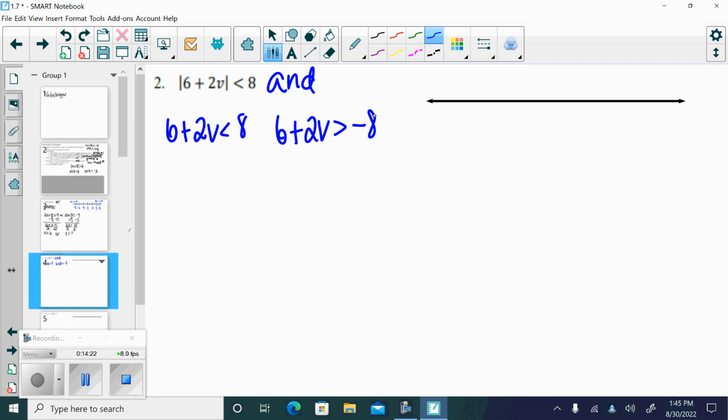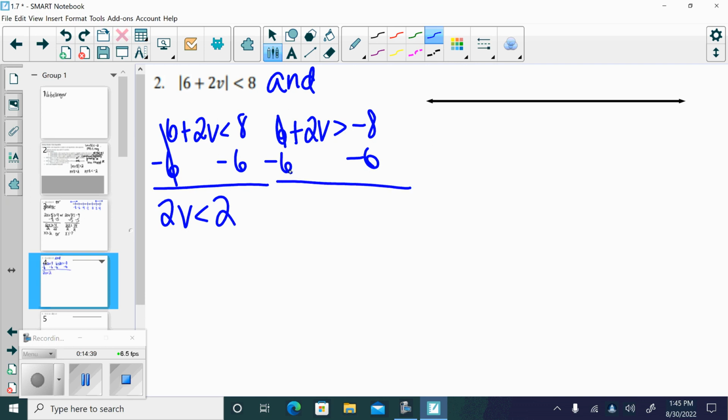All right, from here we can solve. We're going to subtract 6 from both sides on both of these equations. I'm just going to solve them both at once. So for the left one, 8 minus 6 is 2, so I get 2b is less than 2. And then on the right, what is negative 8 minus 6? Negative 14.